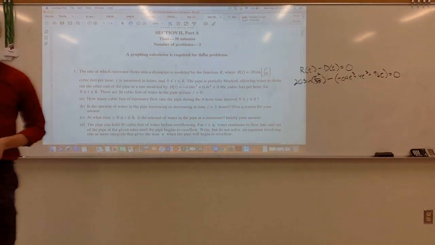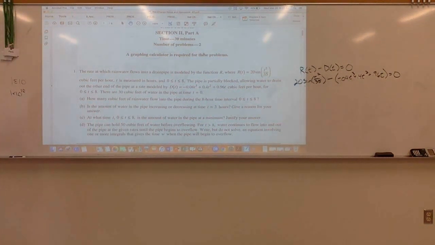It is close to that. How would you figure that out exactly? We would do second trace, and then the second option is 0.